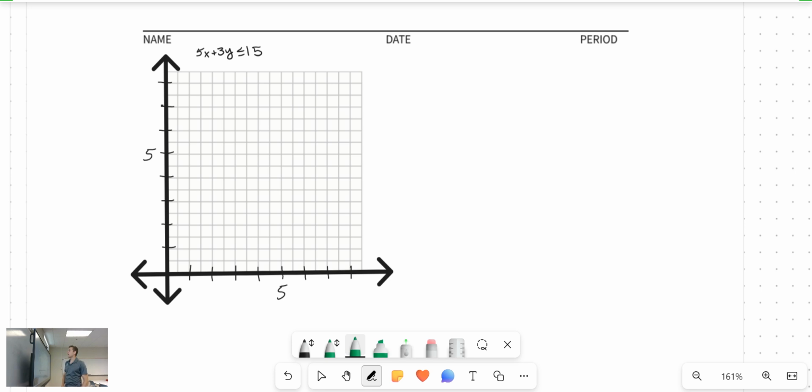If y is 0, we get 5x equals 15, which means x has to be 3. That's going to happen right here. And if x is 0 and we have 3y equals 15, we can put our y-intercept right there. Now we're going to draw a straight line connecting the two of them.